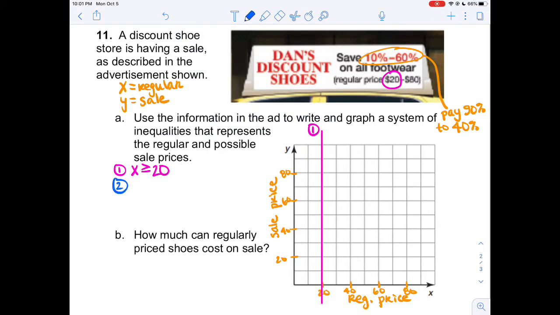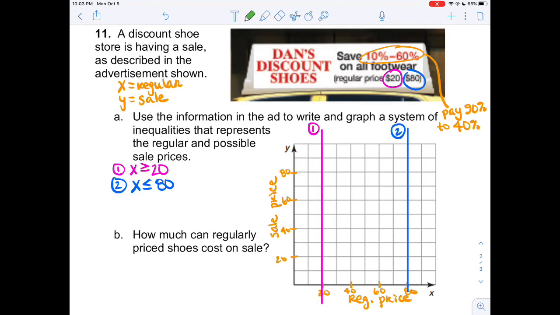I know that my biggest price is $80, and so my prices are going to be between 20 and 80. So I've got to be less than or equal to $80. That's my maximum, so that's going to be another solid line, and it's going to happen at $80, regular price. That's inequality 2.